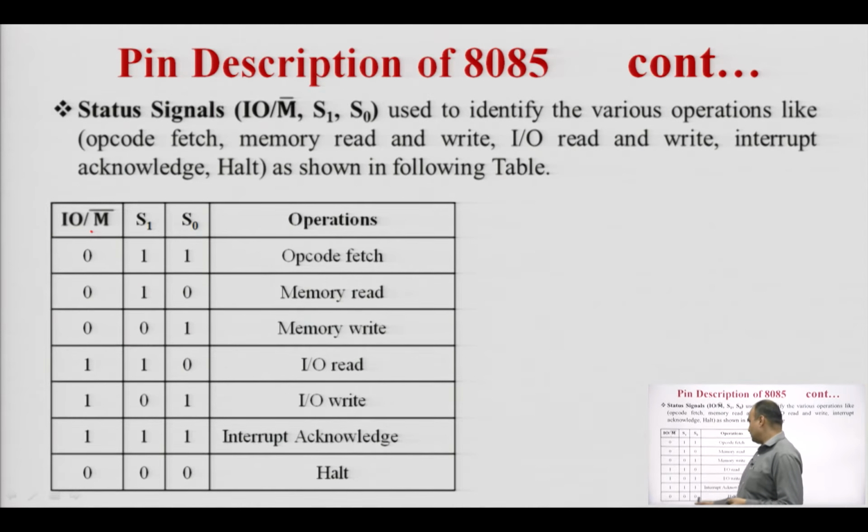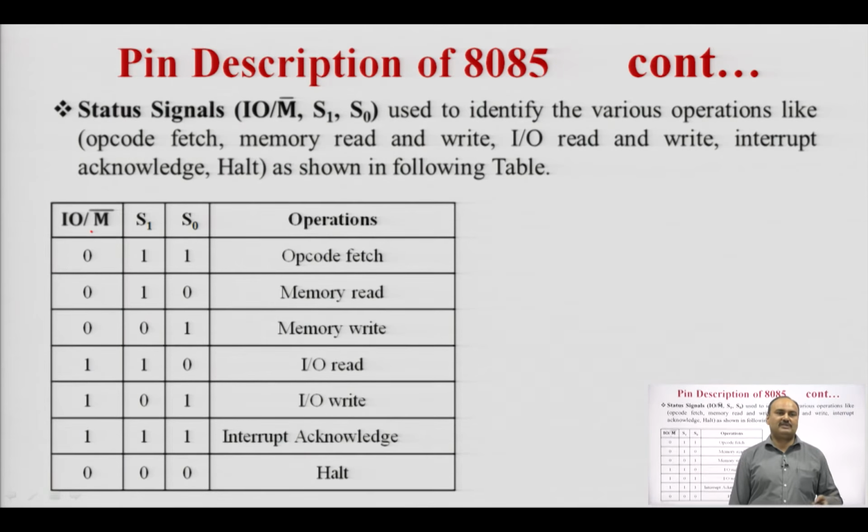When the status on input output or memory is logic 1, and S1 and S0 both are 1, the microprocessor will perform an interrupt acknowledge operation. When the status on input output or memory is 0, S1 is 0, S0 is 0, the microprocessor will perform a halt operation. These various operations are represented in the form of the table.